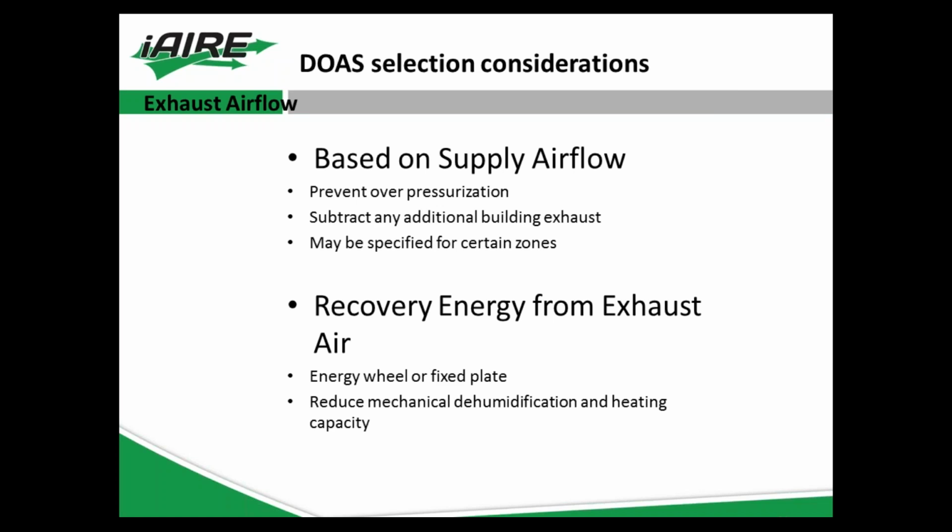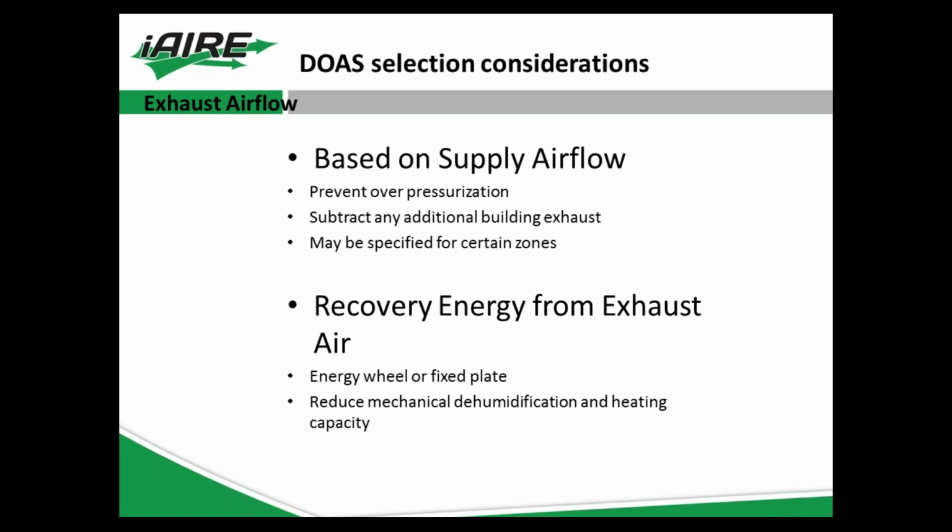So if you're looking at an apartment building where you have a DOAS system feeding each individual room, but you also have bathroom exhaust fans as required by code in each bathroom, then you'll have to subtract that from the exhaust airflow of your DOAS system itself. And certain zones are certainly specified how much exhaust airflow needs to be dissipated from each of those.